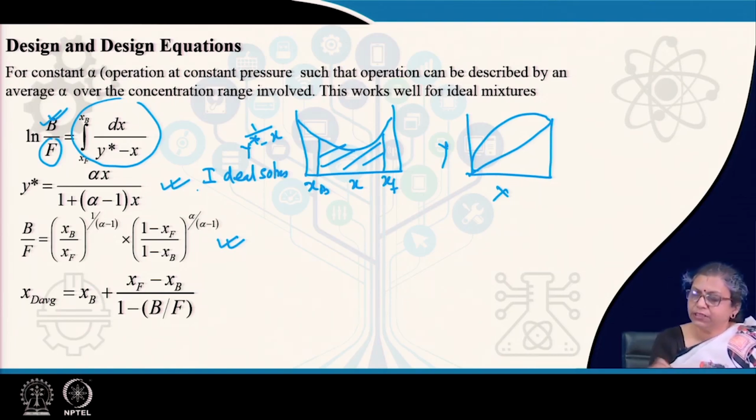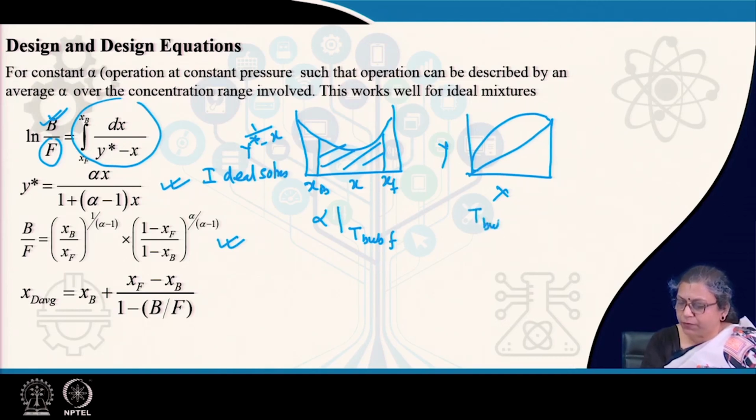What do you know? Initially, if xB is not known to you, then you calculate the alpha at the bubble point of the feed, and then you use that alpha. At the end of the distillation, you know what is your corresponding T bubble point for the bottom's temperature. Corresponding to that, you can find out P saturated of one component, P saturated of the second component.